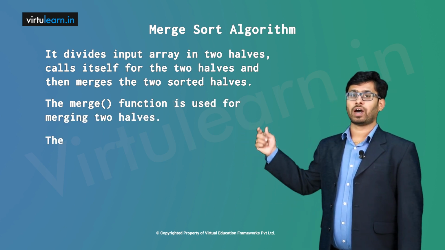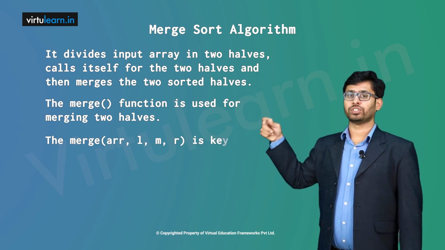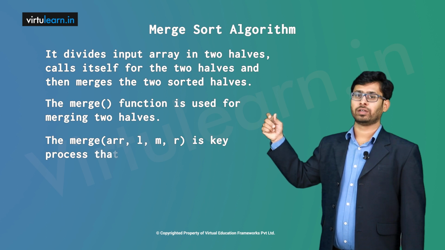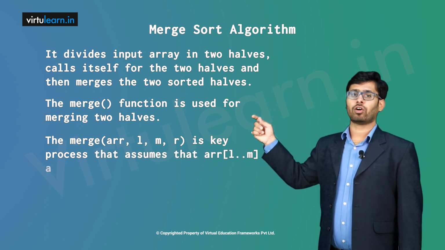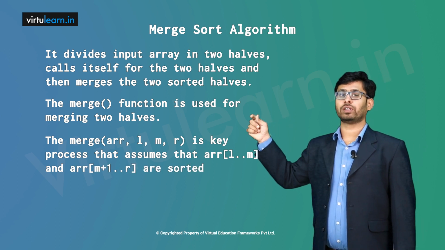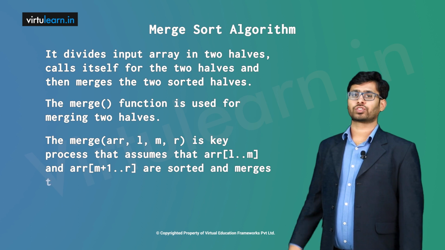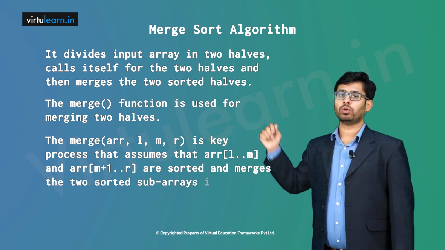The merge of array, l, m, r is the key process that assumes that the subarrays from l to m and from m plus 1 to r are sorted and merges the two sorted subarrays into one.